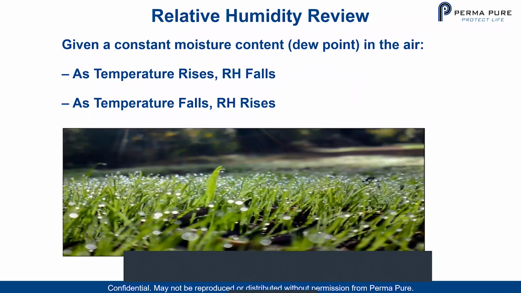So as a review of relative humidity, given a constant moisture content or dew point in the air, as temperature rises, relative humidity falls, and as temperature falls, relative humidity rises.